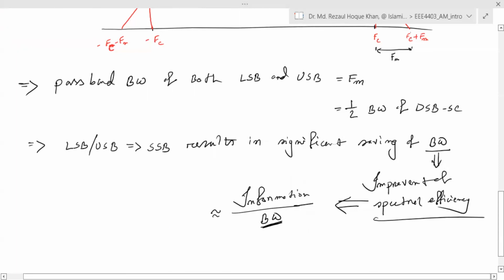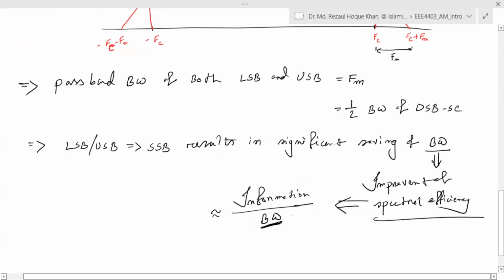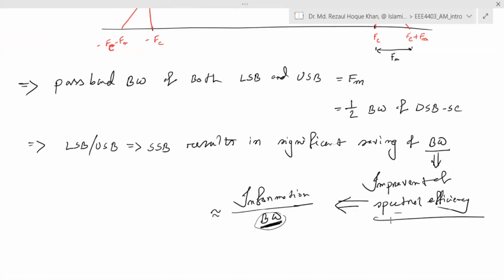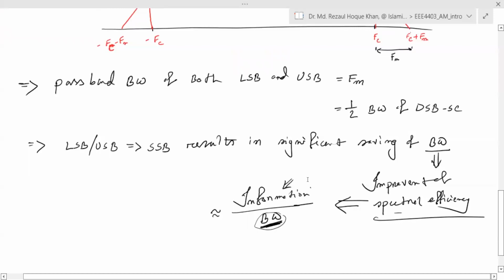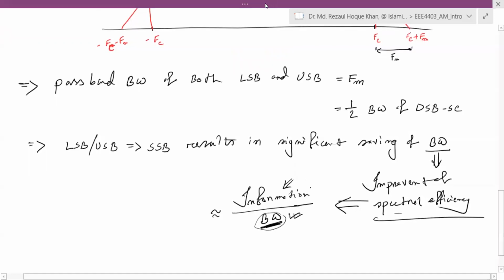In single sideband, the bandwidth is lower, so lower bandwidth gives higher spectral efficiency. You are trying to send the same information in DSB and in SSB. In both cases the information content is similar, but you are using less bandwidth in SSB, so your efficiency increases.